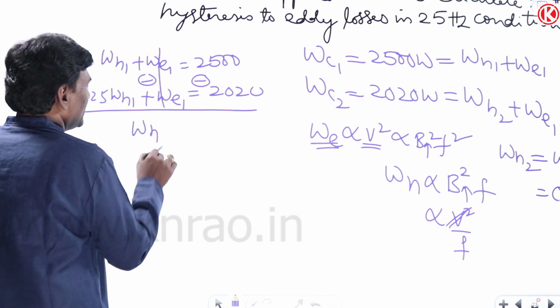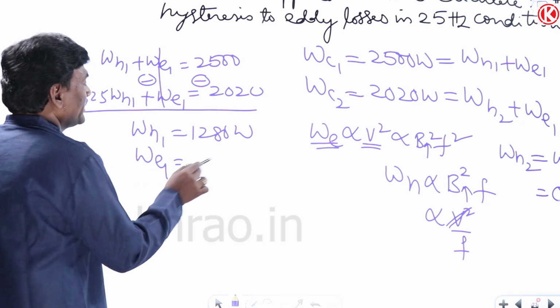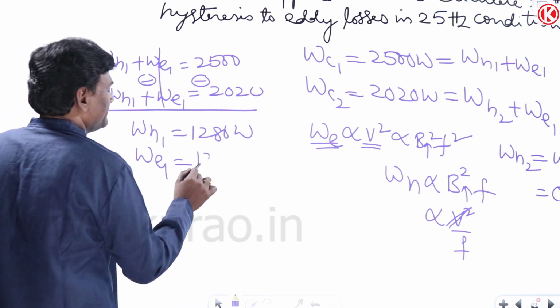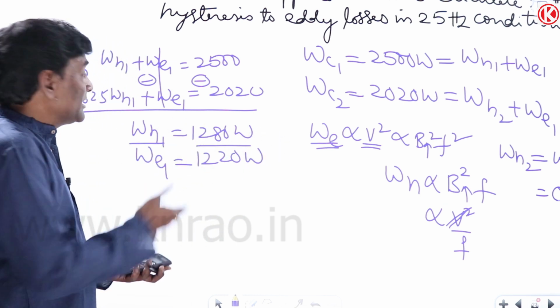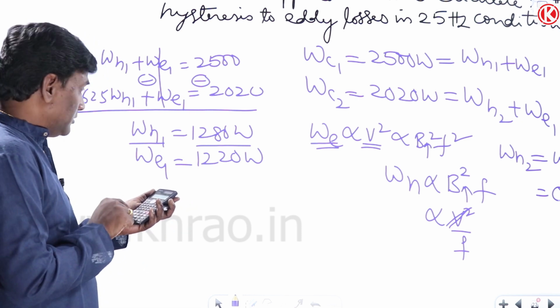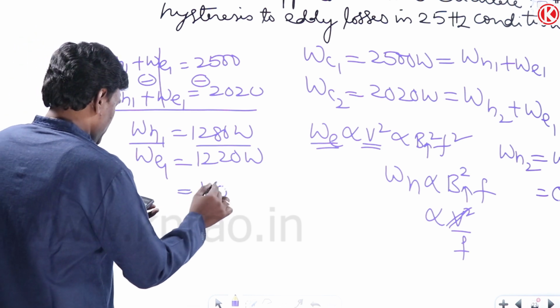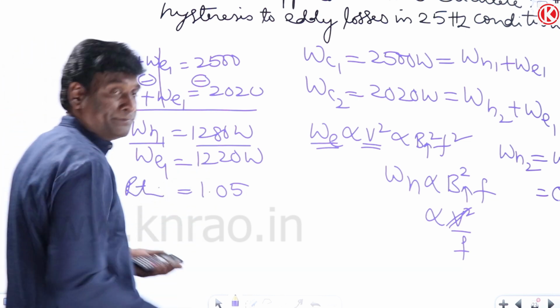So hysteresis loss in one case is 1280 watt, and obviously eddy current loss in one case is going to be 2500 minus answer, 1220. Then this particular ratio, because first case is related to 25 Hz only, so 1280 by 1220 is going to be 1.05, we can say, whatever the ratio they asked.